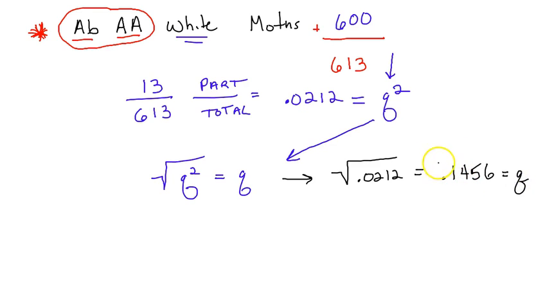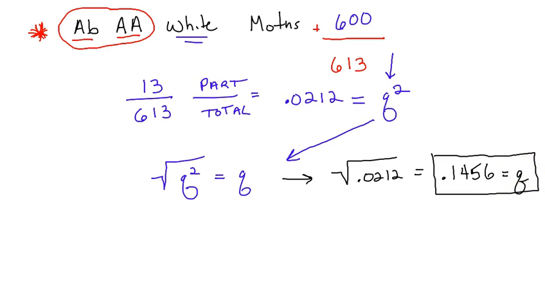That means that of the entire population of chromosomes, 0.1456 of that total population of chromosomes have the recessive chromosome or allele. Very important. Now I can work with that.